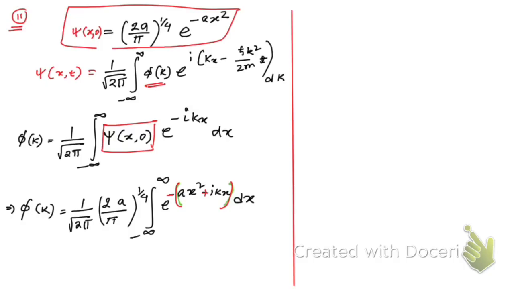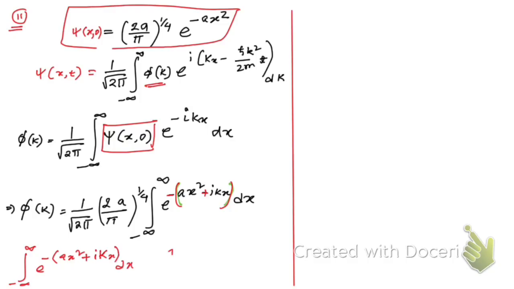So how to evaluate this integral? First let me write the integral separately: minus infinity to plus infinity e to the power minus ax square plus ikx dx.